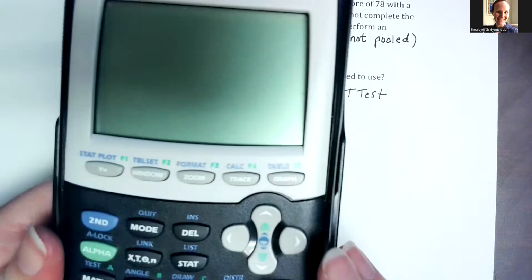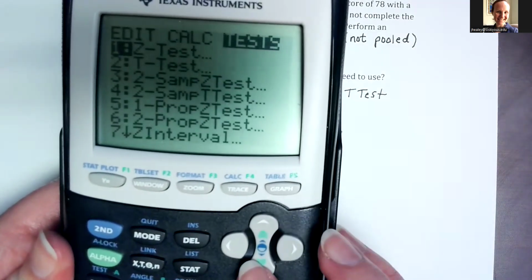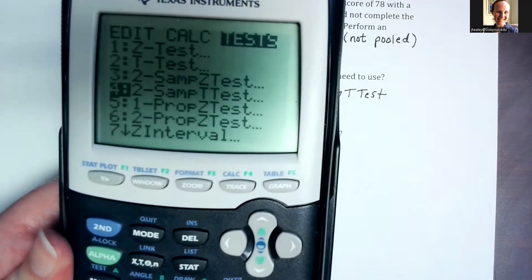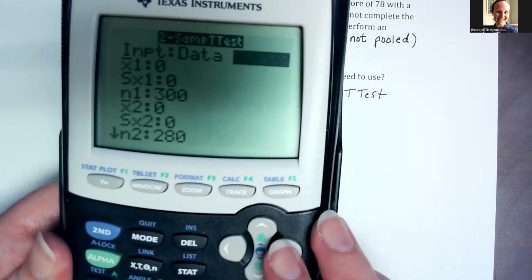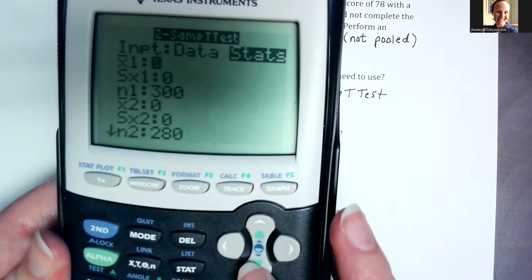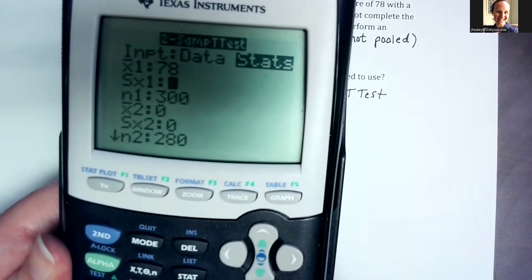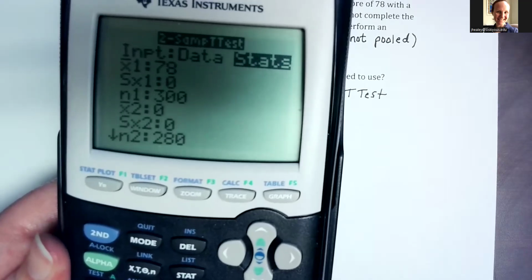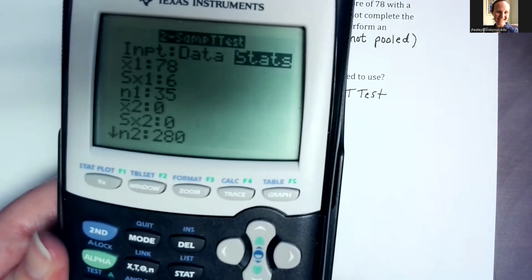So we want the two sample t-test. We're going to go down to the fourth choice here. We did not get a list of data, so we want to make sure it's on stats. Our X1 bar was 78, our sample standard deviation was 6, and there were 35 people in that first sample.